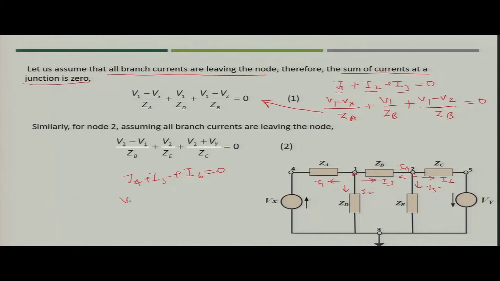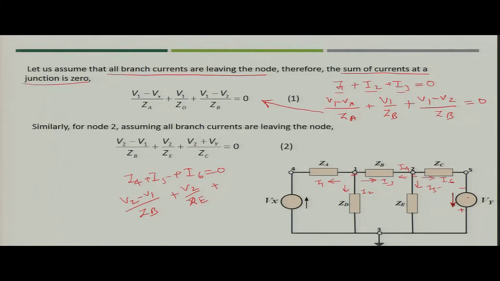I4 you can simply put as V2 minus V1 divided by ZB, plus I5, which is V2 divided by ZE, plus I6. Now Vy is connected between node 5 and node 3, and the direction of Vy is like this, as mentioned in this figure.